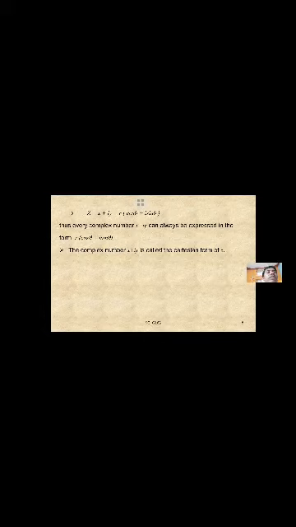The complex number x plus iy is called the Cartesian form of z. r of cos theta plus i sin theta is called modulus amplitude, that is polar form of z. So polar form or modulus amplitude form means r of cos theta plus i sin theta.